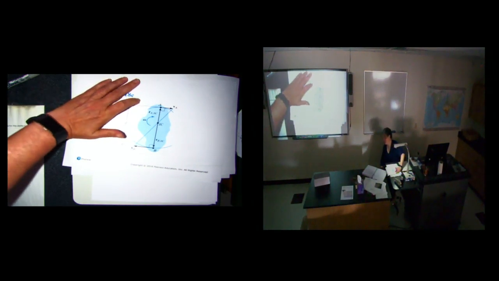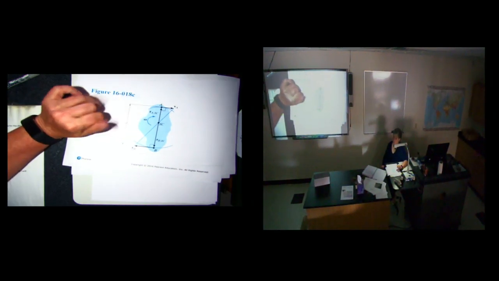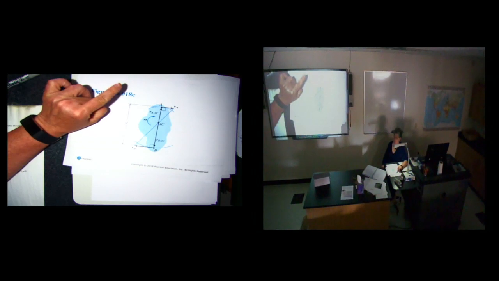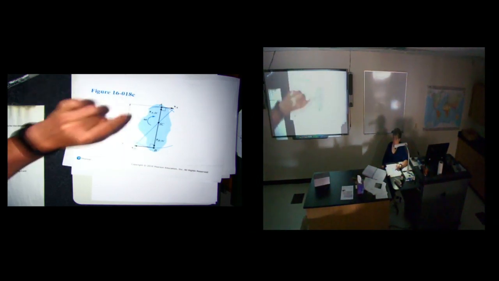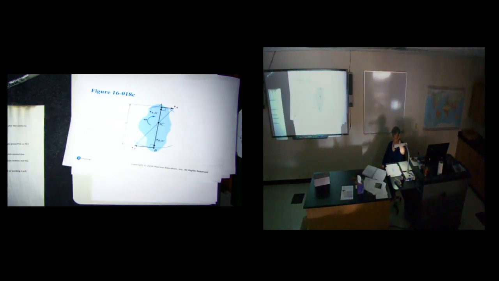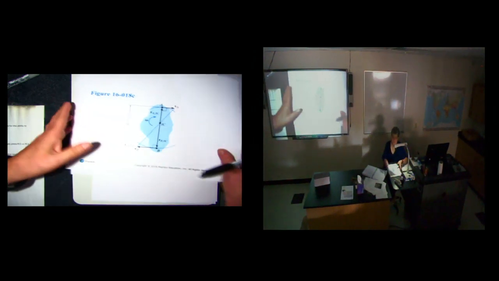I've got a velocity VB. We've got a point C. This is VA, and we're given that VA is 1.2 meters per second. The distance from here to here is 250 millimeters.